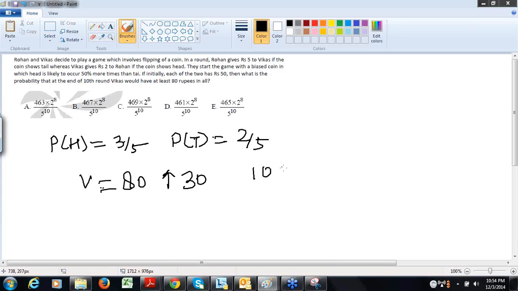If in 10 times he gets 8 times tails, then only, because see, if he gets 7 times tails and 3 times head, that means he will gain 35 rupees and he will lose 6 rupees. That means 29 rupees he will gain. So which cannot be a scenario.